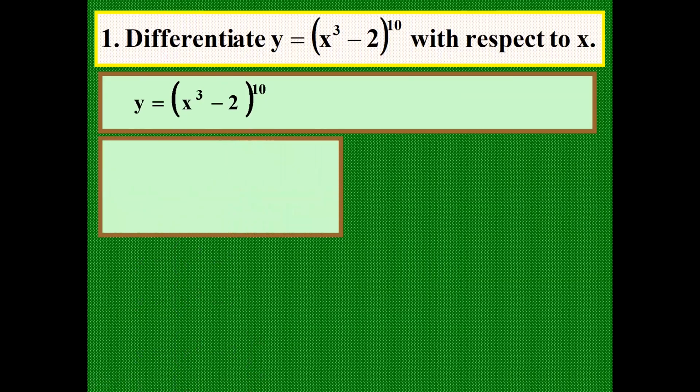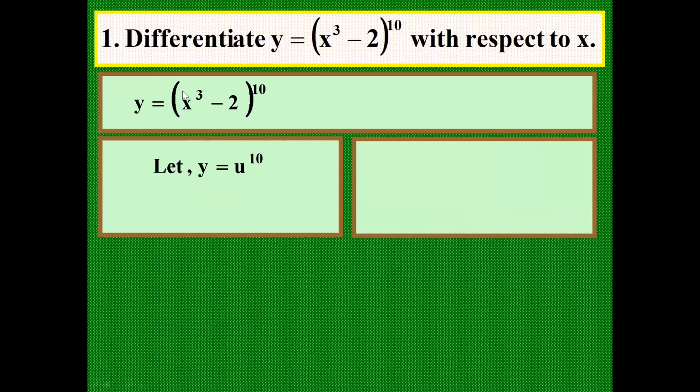So we will do our second step, where we are going to let whatever is inside the power, the brackets, be u. Okay, so for this case, our u, whatever inside the bracket, will be x cubed minus 2.